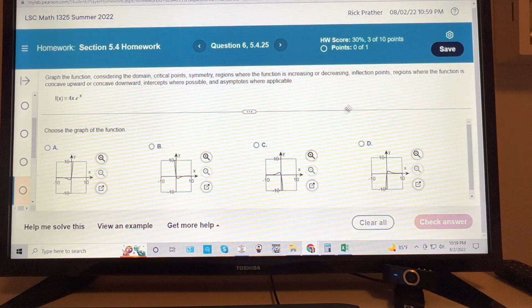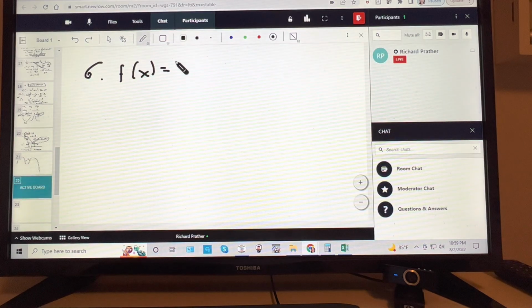Number 6, I've got 4x times e to the x as the original function. So the first derivative is a product rule because I have 2 functions of x multiplied together. First times derivative of the second.